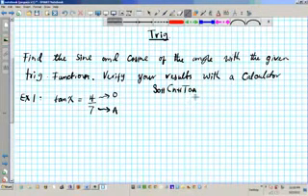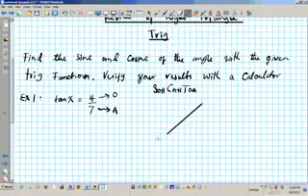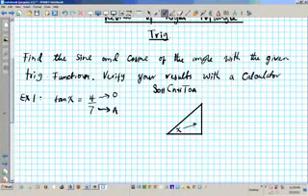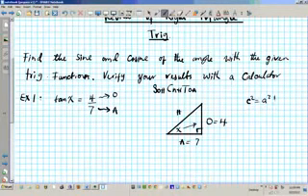Okay, so let's just create a right triangle right here. Let's just call this angle x. If this is x, that makes this the opposite, which is 4. And then this is the adjacent, which is 7. And this is the hypotenuse right here. Okay? So we know that c squared is equal to a squared plus b squared.